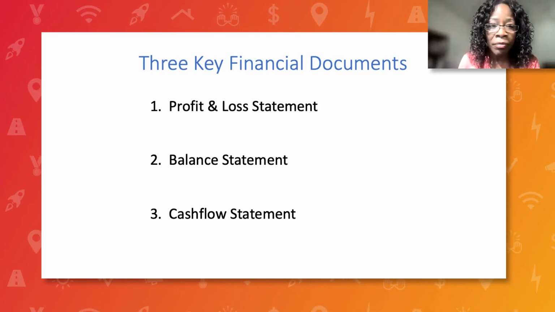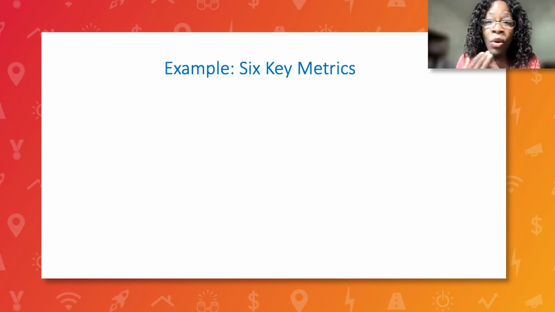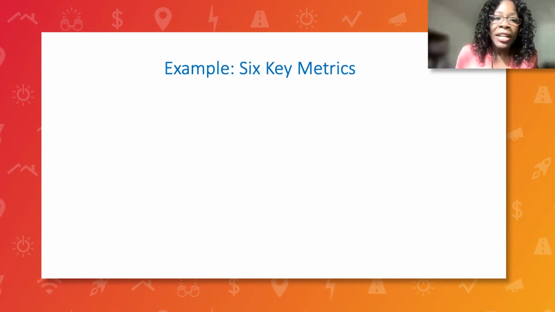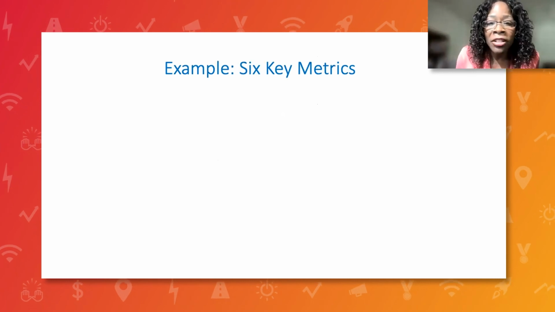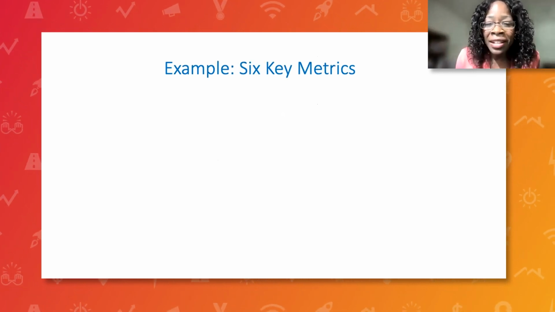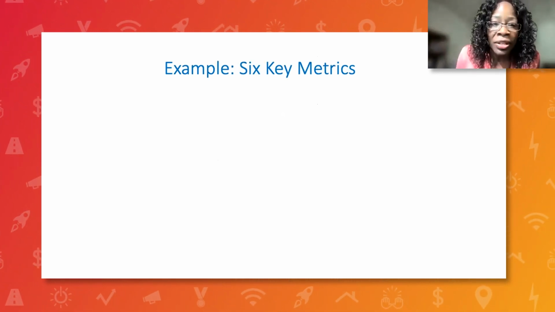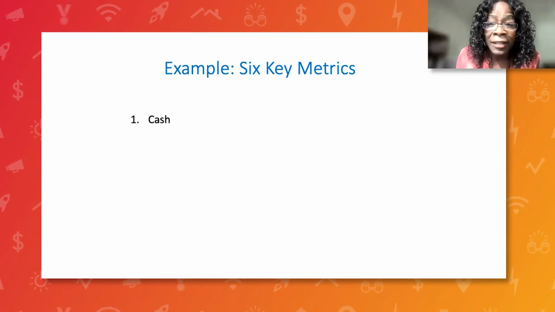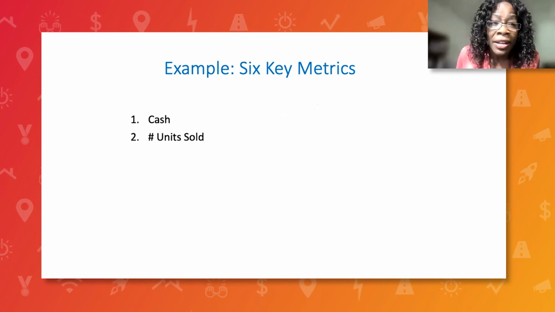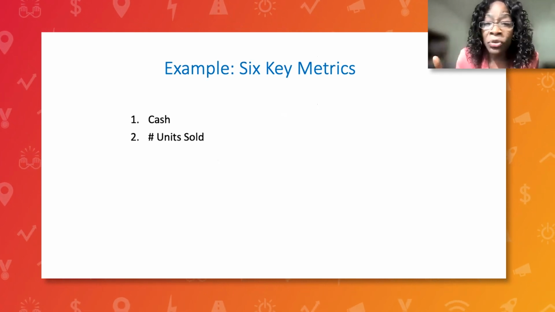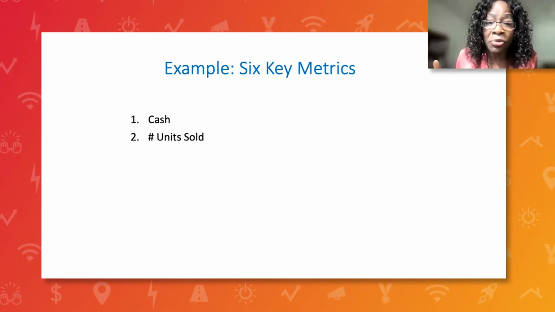If you're thinking about getting money from an angel investor or a venture capitalist, they look at really 6 key metrics. And one is cash on hand or money in the bank. They look at how many products you sold or how many customers you have.